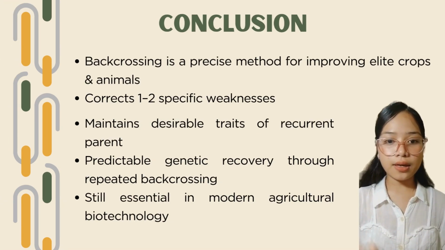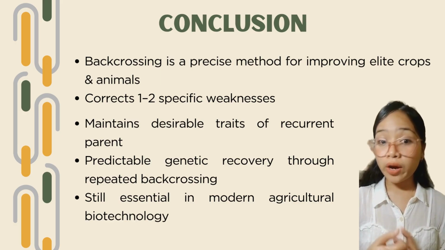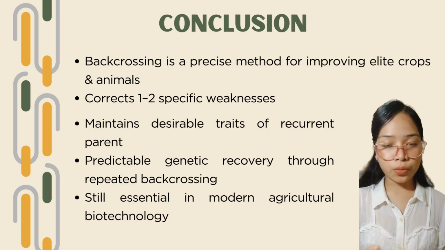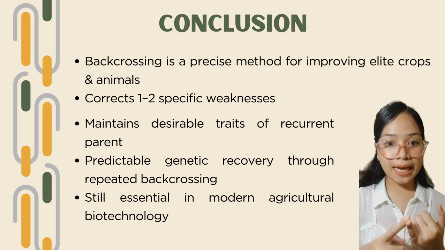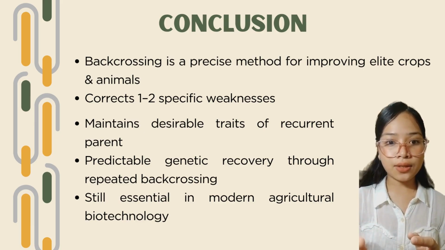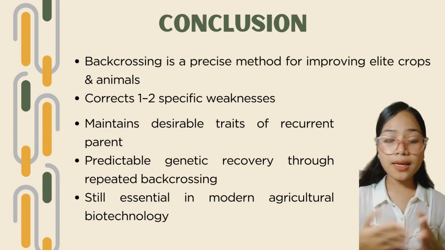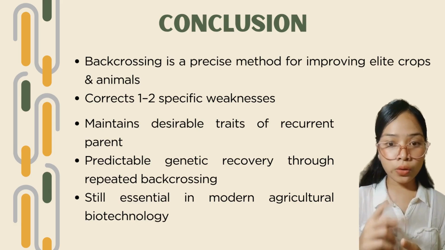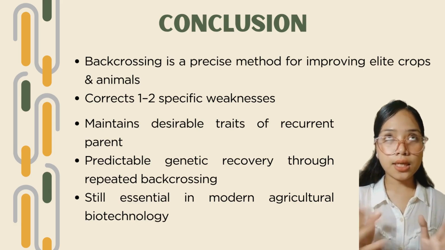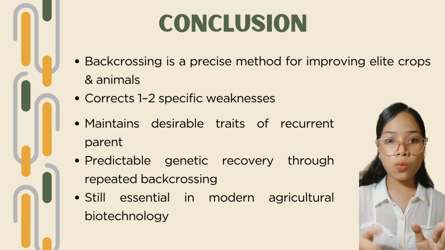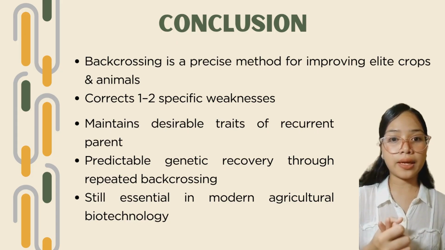So to conclude, backcrossing remains one of the most precise and reliable breeding techniques we use to improve elite crops and animals. Its strength lies in its focus, in which instead of changing everything, we only correct one or two specific weaknesses, such as disease susceptibility or a performance rate, while keeping all the desirable characteristics of the original line.